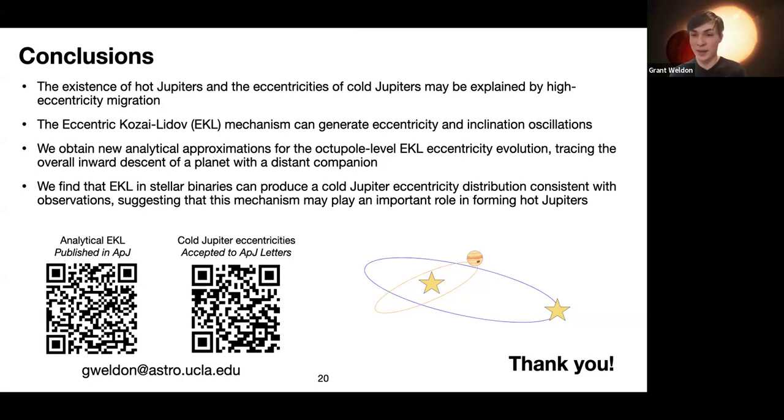Those are the two effects that give you these stronger EKL excitations. Although, like I said, we draw from a large distribution, so not every system in our population is undergoing very strong EKL. Some of them are just quiescently sitting there. I hope that answers your question.